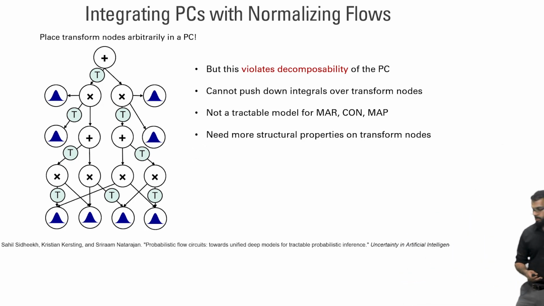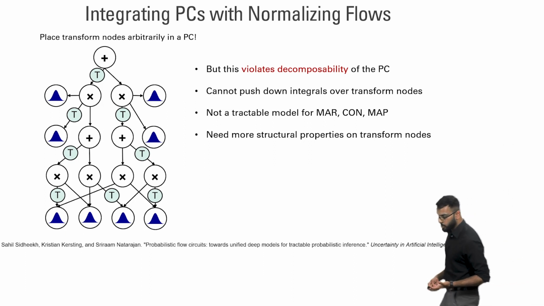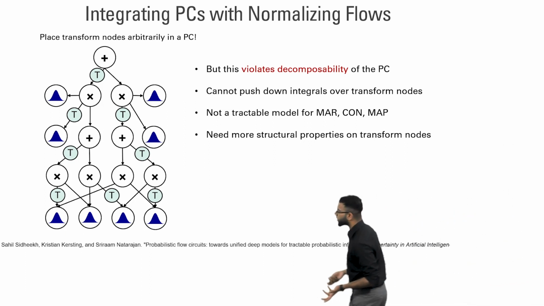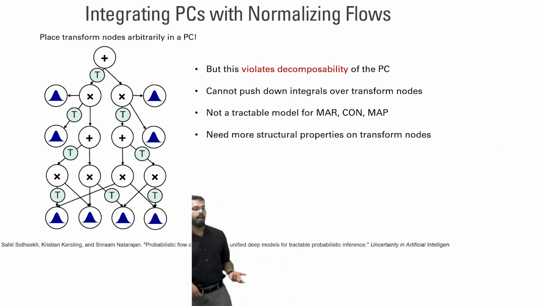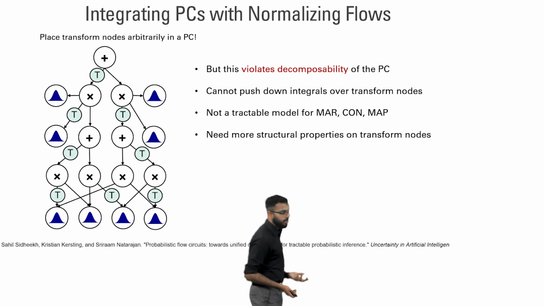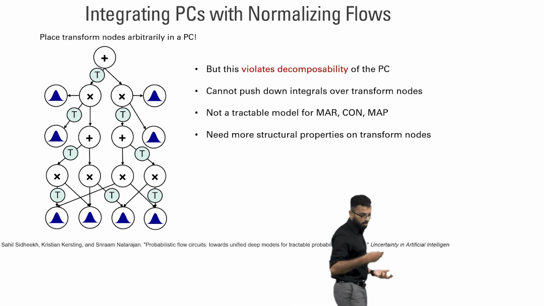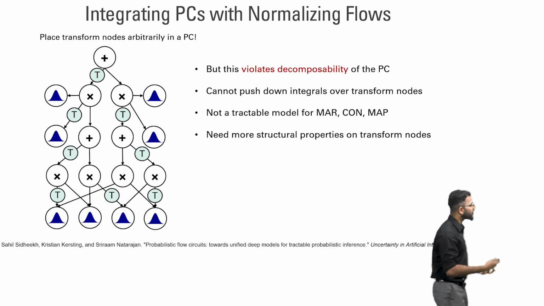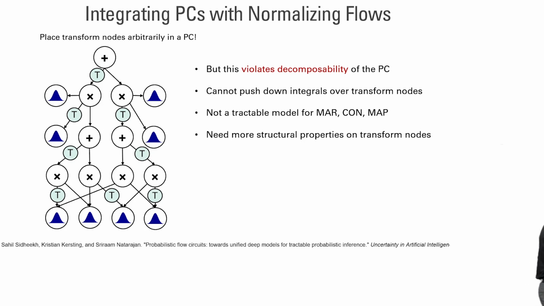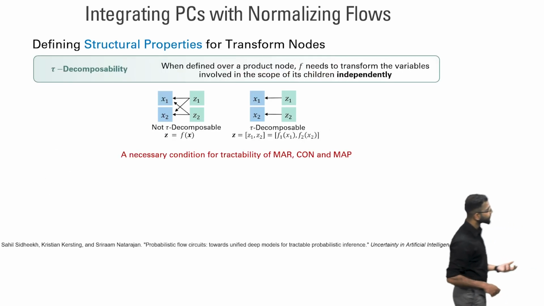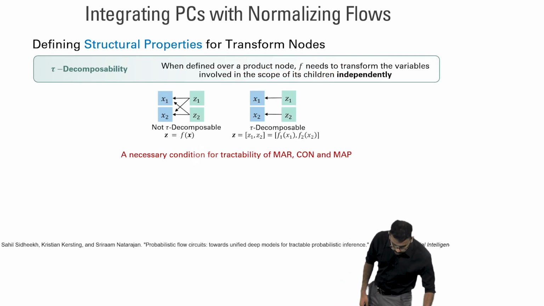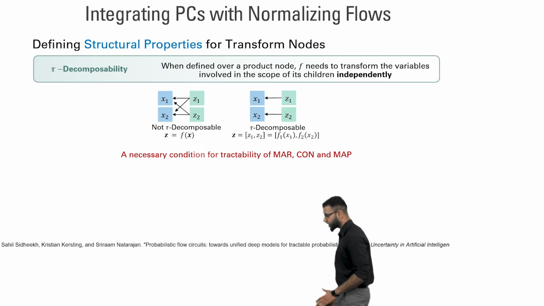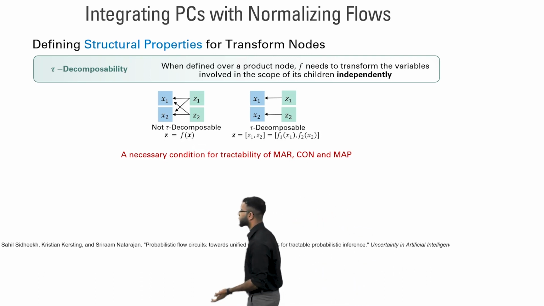So it is expected that when you introduce a new type of node, the transform node, into your probabilistic circuit, and you want to still retain the tractability, you'll also have to define properties over this node. When those properties are satisfied, you can do the inference task in an exact and efficient way, right? So what are those structural properties? We call it tau decomposability, just because it's decomposability defined over your transform nodes.